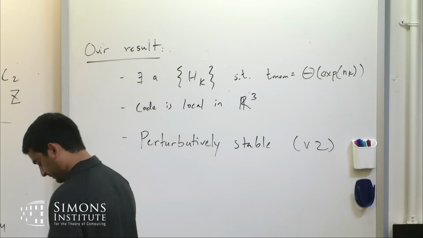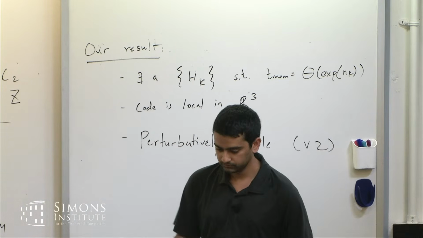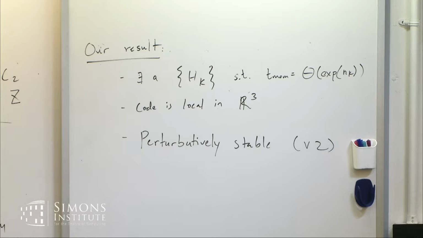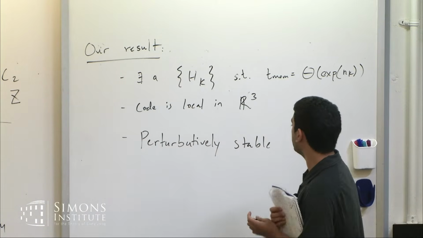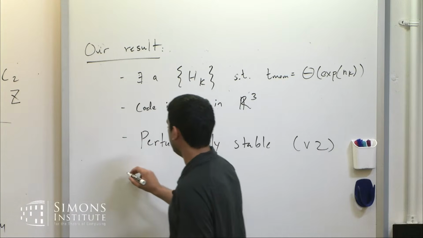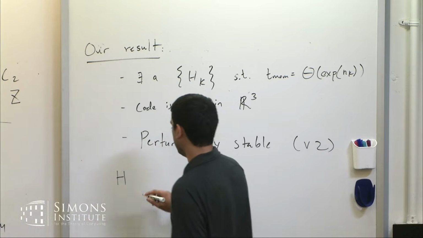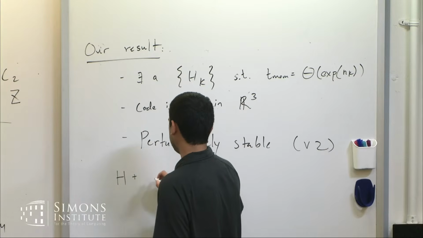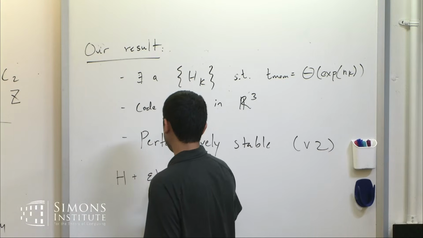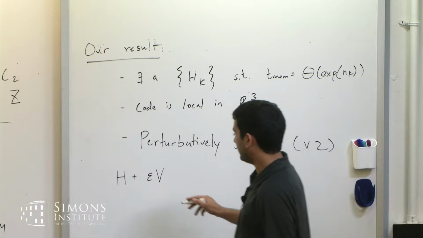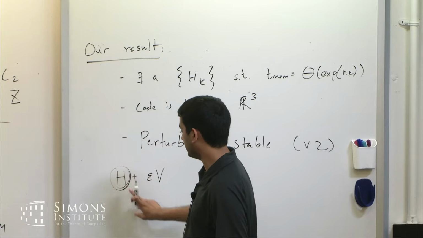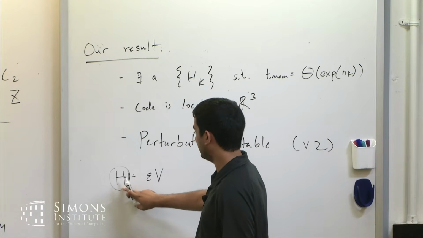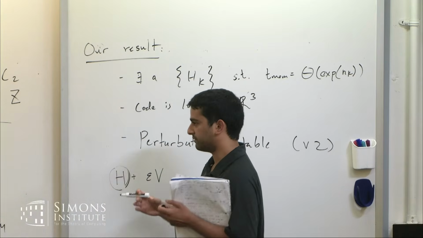Okay. Can you say what that means a little bit? Yeah. So what perturbatively stable means is if I take a Hamiltonian H and add a small perturbation to it, epsilon V, then if I want to encode a qubit in the ground space of H, there exists an interpolation.